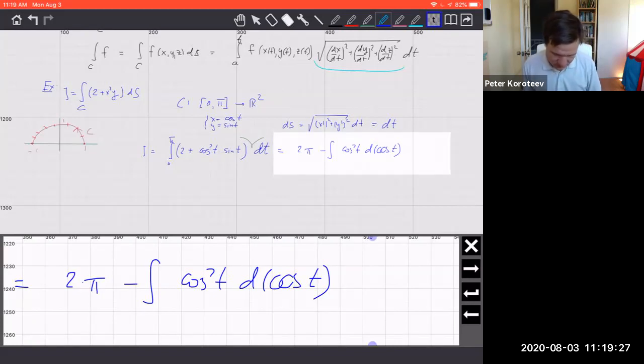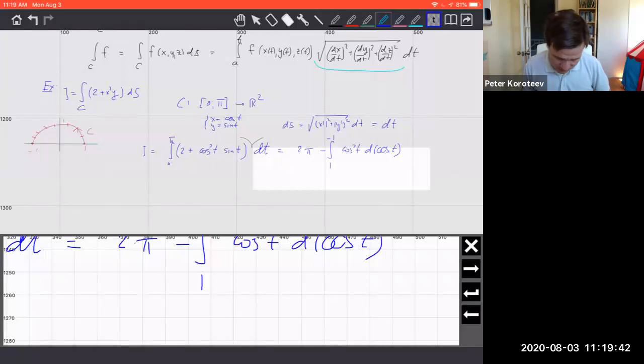And cosine between 0 and pi varies between 1 and minus 1. So that equals 2/3. And this is the answer.